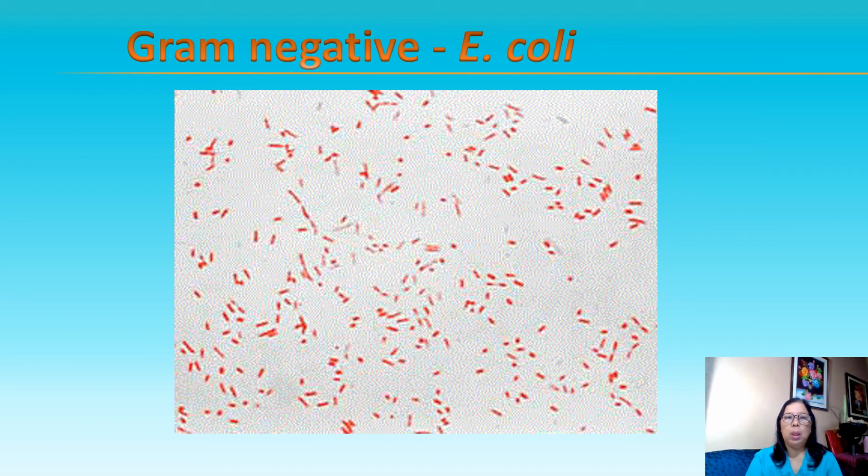If we say gram-positive, the violet color of the gentian violet is found in the membrane. But if the violet color is not retained, the microorganism is gram-negative.